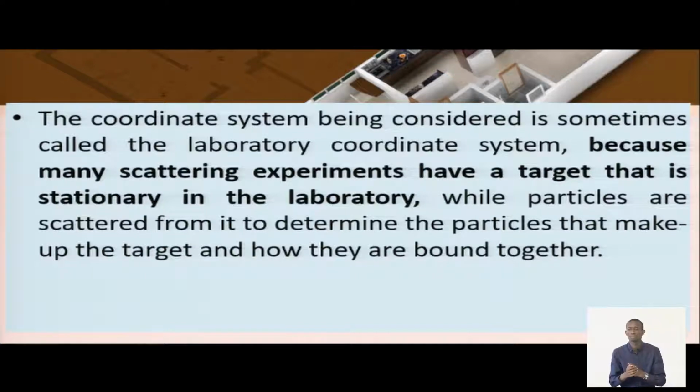Then we have to discuss what will be the momentum along the x-axis and what will be the momentum along the y-axis. This is what we have to discuss.